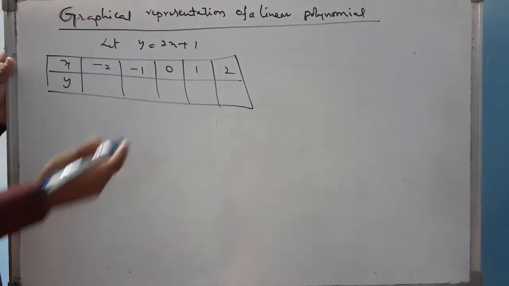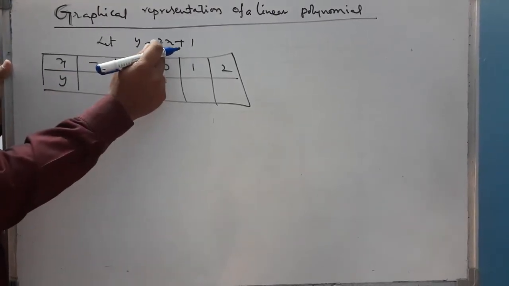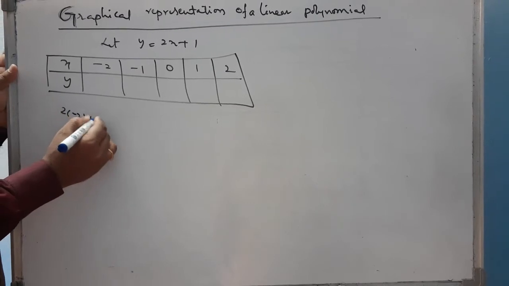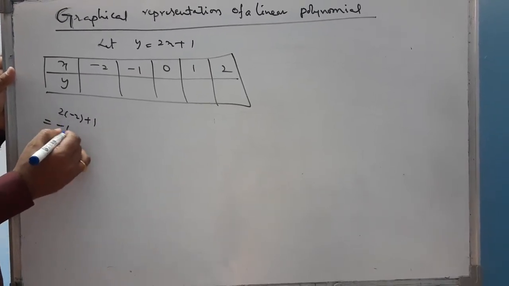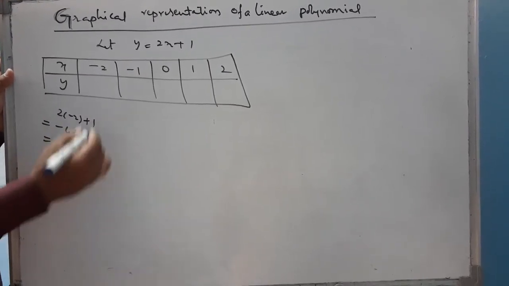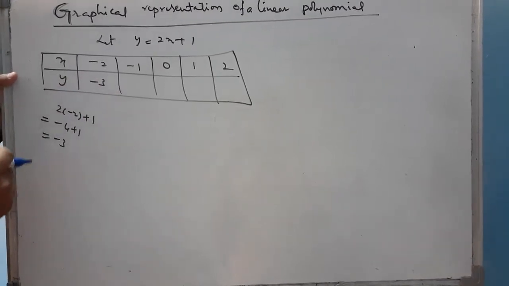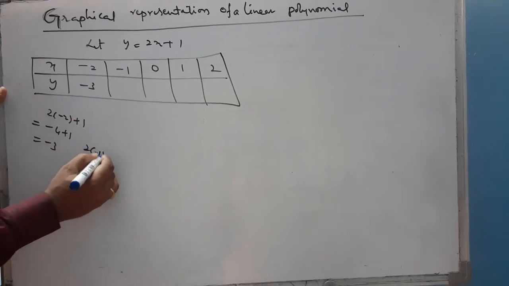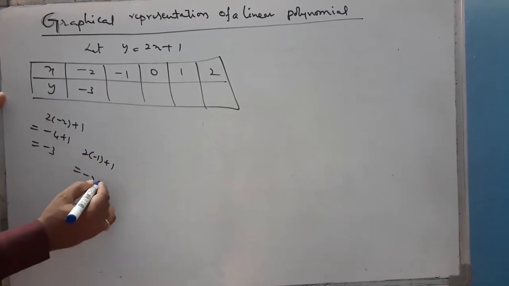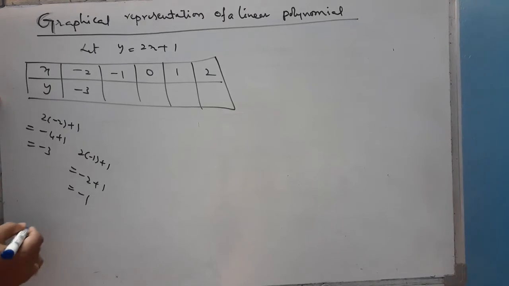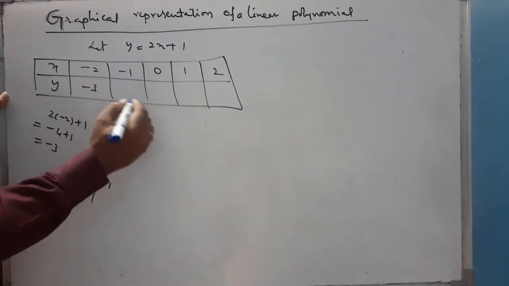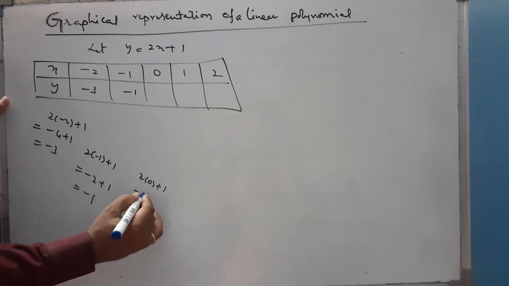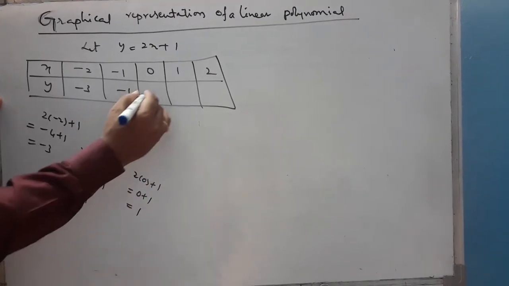If you substitute minus 2, 2 into minus 2 plus 1, that is minus 4 plus 1, which is equal to minus 3. So the y value is minus 3. If you substitute minus 1, 2 into minus 1 plus 1, that is minus 2 plus 1, which is equal to minus 1. If you substitute 0, 2 into 0 plus 1, that is 0 plus 1, equal to 1.